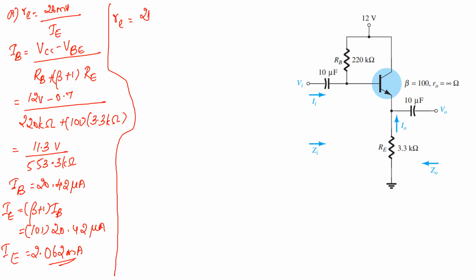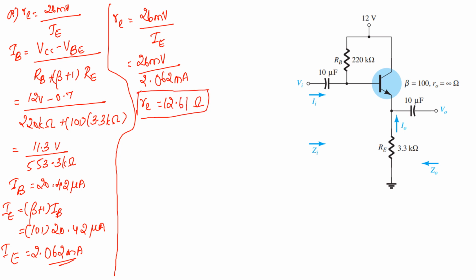RE is equal to 26 millivolt divided by IE, which is 2.062 milliampere. Therefore, RE will be equal to 12.61 ohm. So you have found the first value, which is 12.61 ohm.